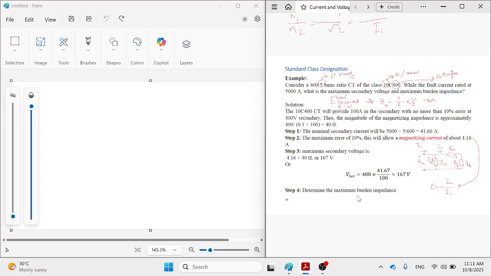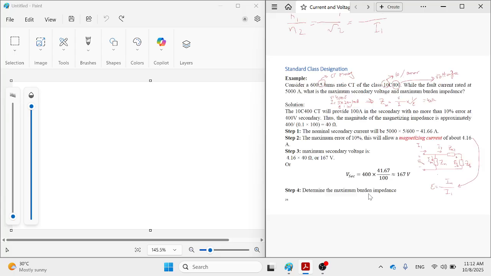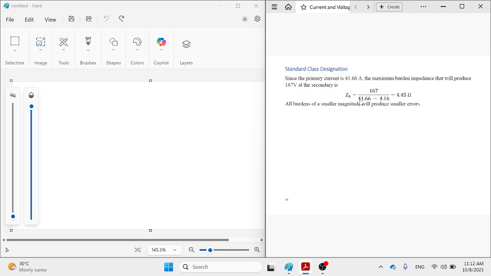Then determine the maximum burden. How can we calculate the maximum burden? We know the voltage EM, which is 167, correct? Then the current I1 over IM, which is this one, is I2.